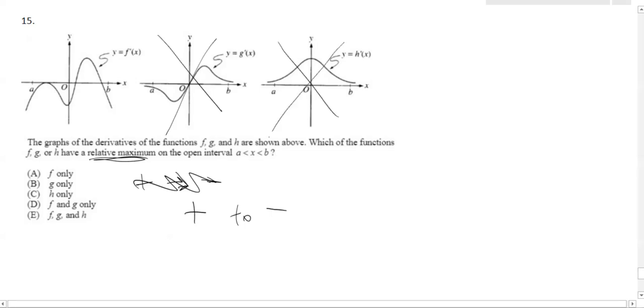Neither does h prime. It's always positive. f prime changes from positive to negative right here. So it would be f only.